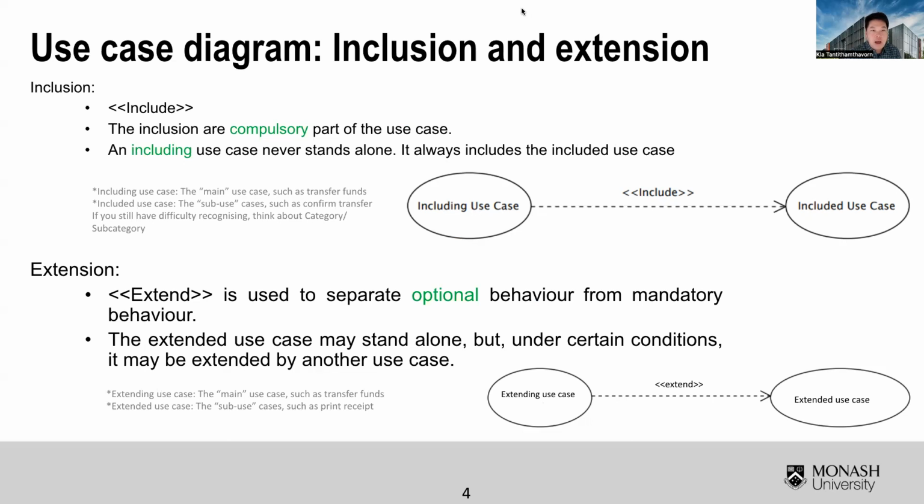For the use case diagram, there are other syntax as well, for example, the inclusion and the extension. What does it mean? For inclusion, we normally draw, I wish I could have a pen here, this syntax, this annotation, to annotate whether this use case is included or extended. Include means it is a compulsory part of the use case.